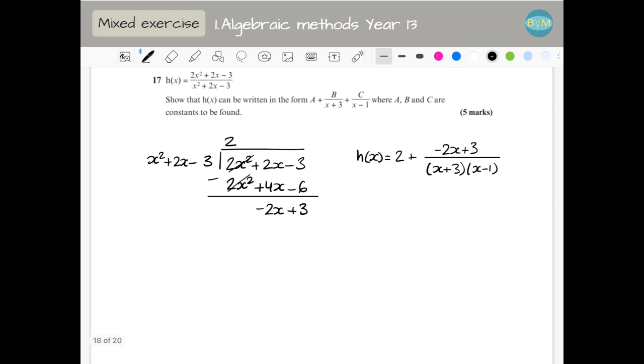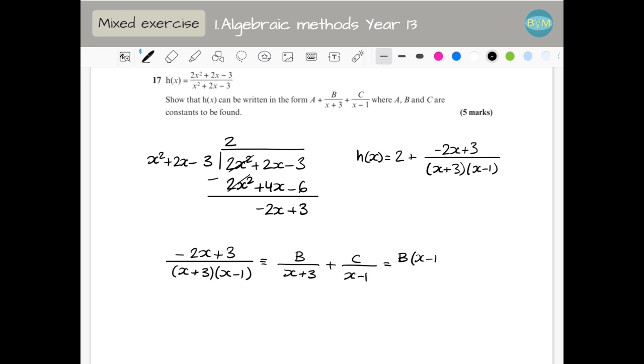So I'm going to write that minus 2x plus 3 divided by these two factors is going to be b over x plus 3 plus c divided by x minus 1, just partial fractions. That means b multiplied by x minus 1 plus c multiplied by x plus 3, divided by x plus 3, x minus 1.